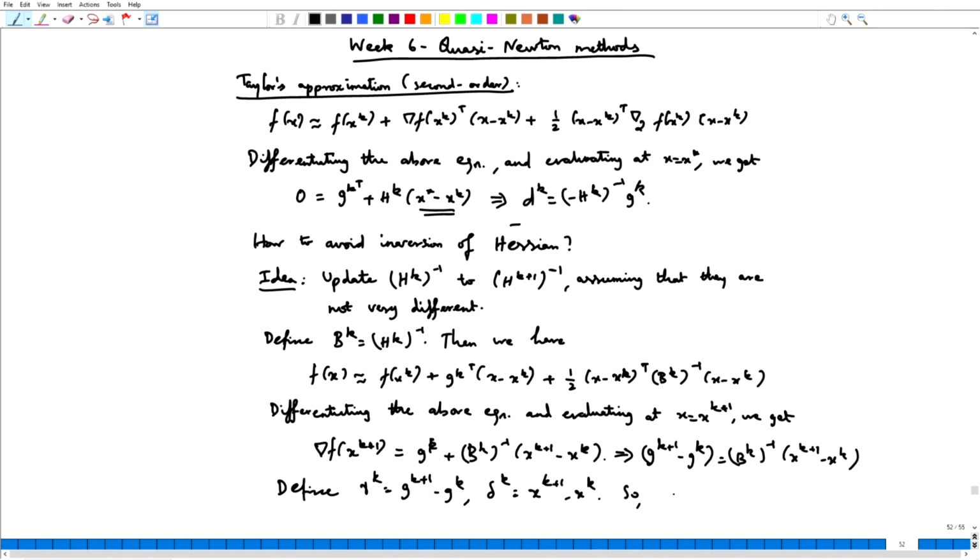So, we have delta_k equal to B_(k+1) gamma_k, I am sorry, I should have written B_(k+1). So, this is B_(k+1) gamma_k. So, this is called the quasi Newton condition.